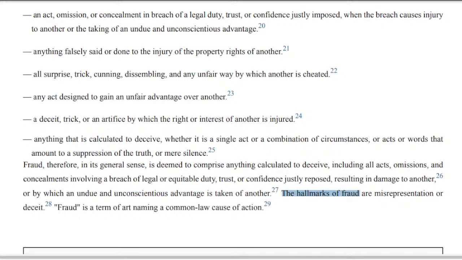The hallmarks of fraud are misrepresentation or deceit. Fraud is a term of art naming a common law cause of action.